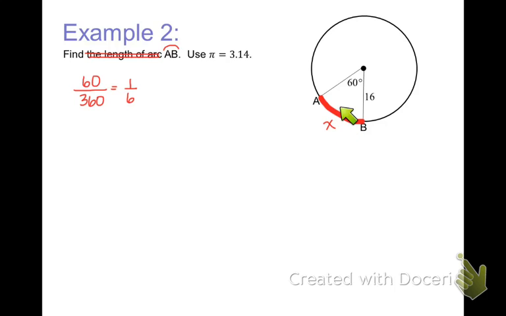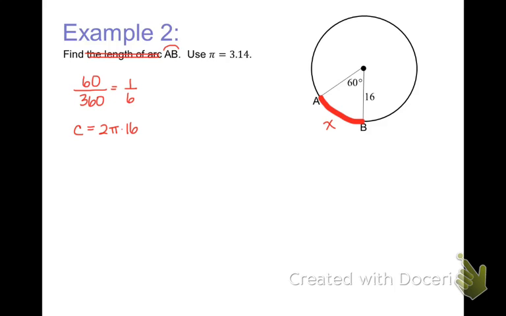Do you have enough information to describe the whole entire outside of the circle? What do I mean by the whole entire distance around the outside? What is it called? Circumference. Do you have enough information to find the circumference? Okay, so I know that I can find the circumference by doing 2 times pi times the radius, which is 16.